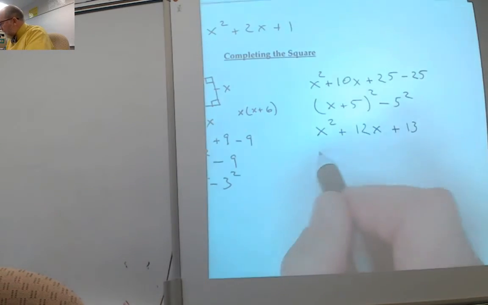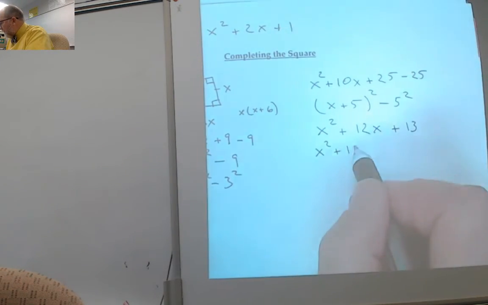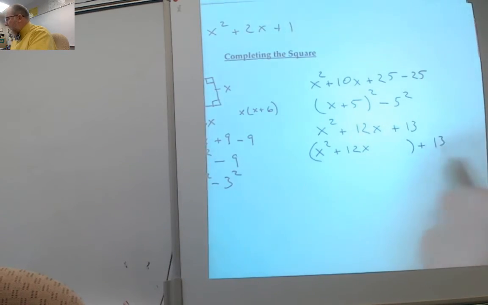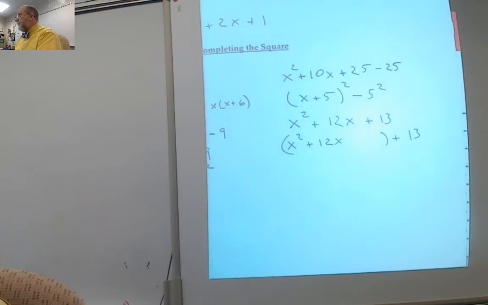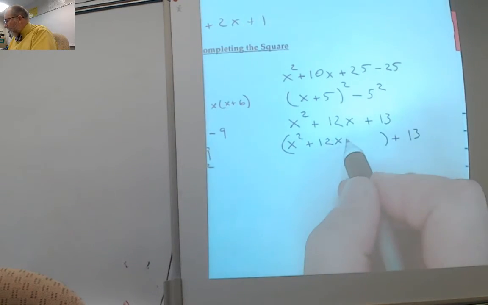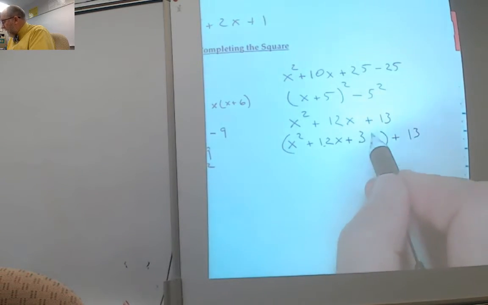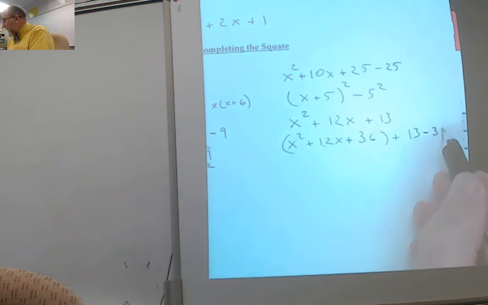Okay. I put that 13 over here. Don't want it. Some people use it. I don't like it. So what would I put in here? Half of 12 is 6. 6 squared is what? 36. I'd have to subtract 36 here, correct?